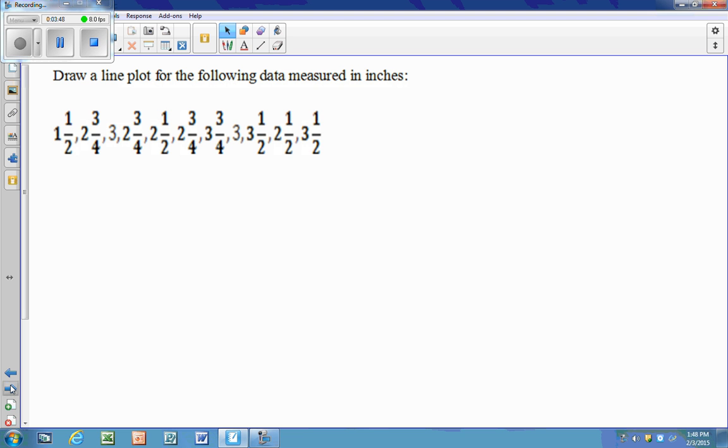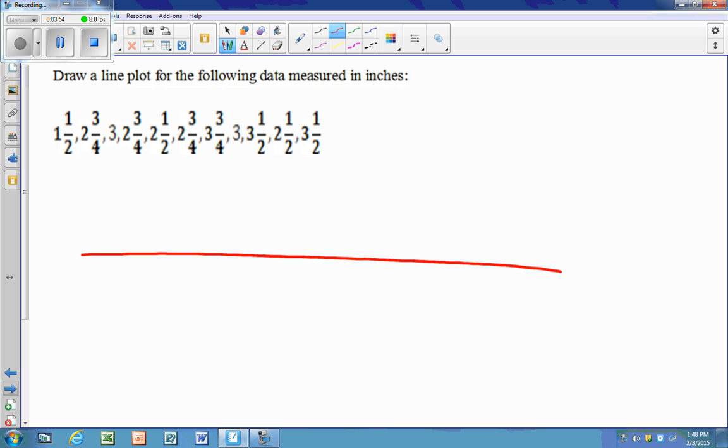The last thing we're going to talk about with the line plot is sometimes we have to make the line plot. So in this case, I'm going to draw my line. I'm going to start it with 0 down here. And because I see that my largest number on my list of numbers here is 3 3/4, I am going to make it end at 4 because 3 is not big enough, and 4 we don't need to go over.